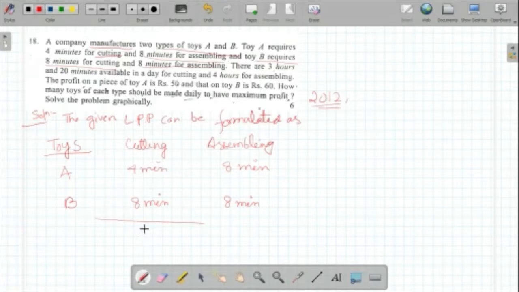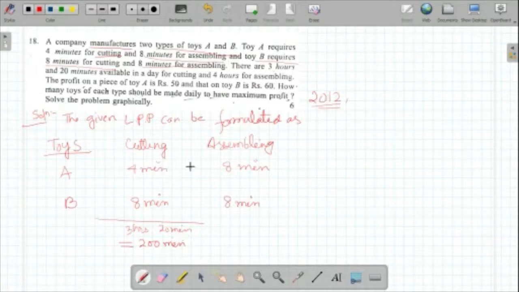For cutting, what is the total time? Here it is 3 hours 20 minutes. Now we have to convert this into minutes. So in minutes, how much will it be? It will be 200 minutes.